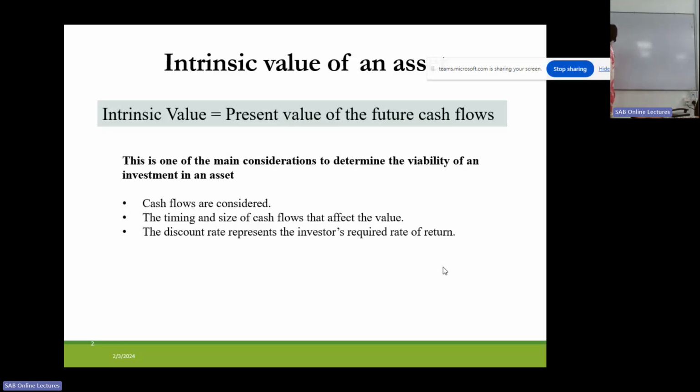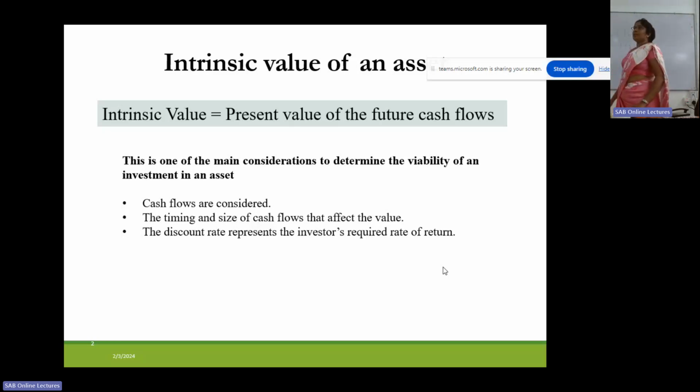When you calculate intrinsic value, we consider cash flows, not profit. The timing and size of the cash flow affect the value, because the fundamental model of value calculation is expected cash flow in some future period discounted by some discount factor.